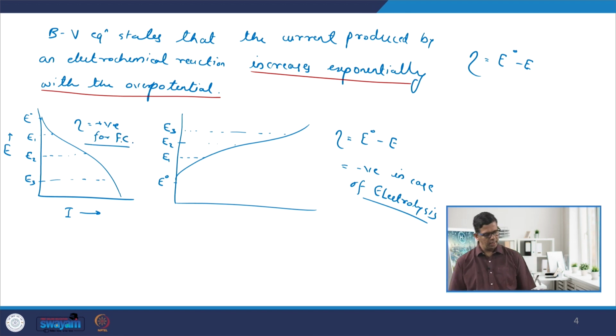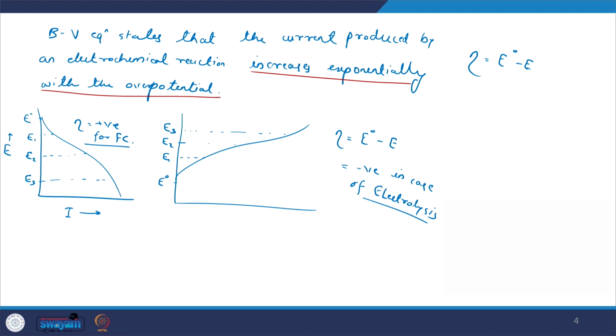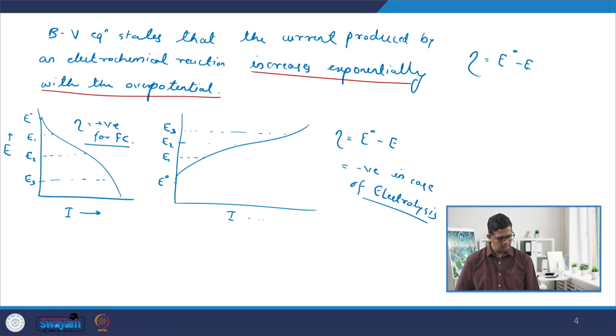So as our eta increases, even if you take the magnitude of this overpotential, it says that as the magnitude of eta increases, the current that can be supplied in case of electrolyzer will also increase.